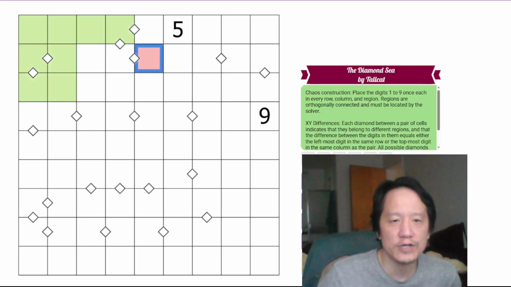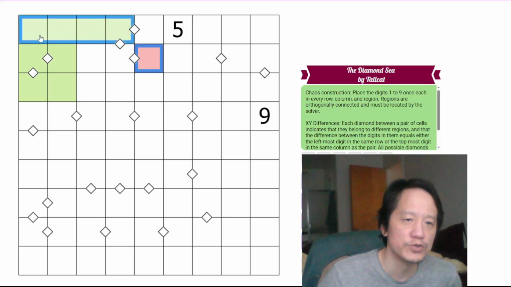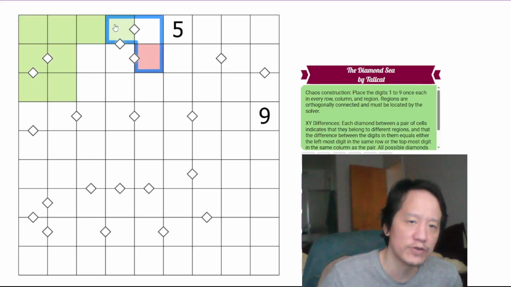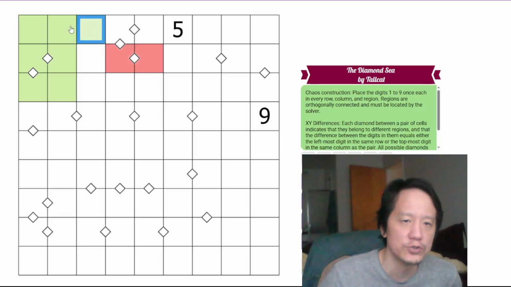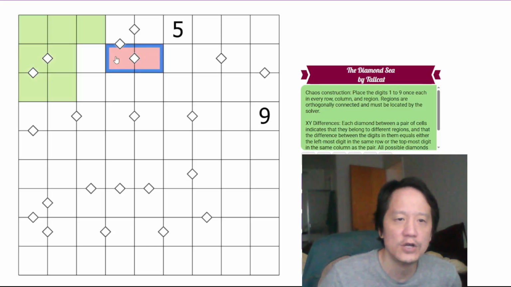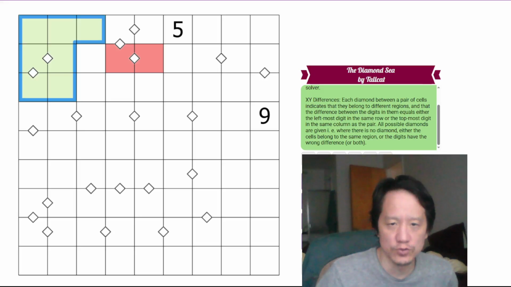This, however, is not, because if you try to go from this cell to any other cell in the region, you cannot just stay in this region just by going through edges. You have to go through a corner. Similarly, this doesn't work either, because to get to any of these other 7 cells, you cannot stay in the region just by going through edges. You would have to go through a corner to stay within the region. And that's chaos construction rules.